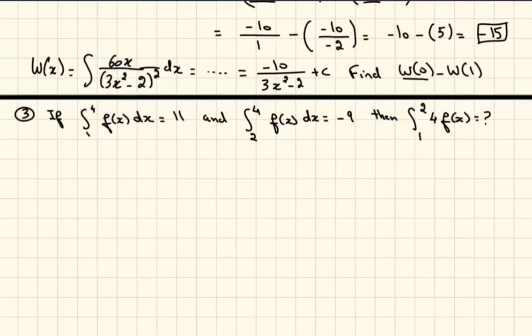It means they want you to substitute 0 the first time, then substitute 1 the next time in this, because this is w of x, then subtract the two answers you get.